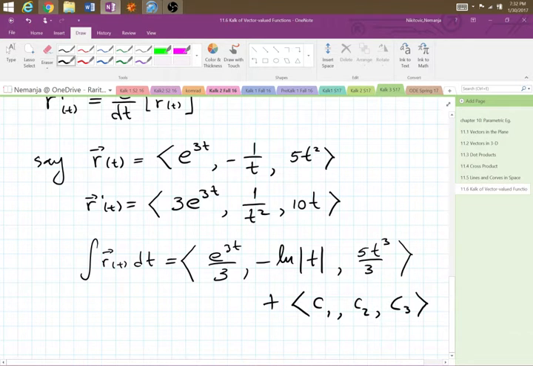You still lose 1 point, right? Depreciation in value. So this is an indefinite integral. Indefinite integrals have the constants. Now we know that two vectors are added, x component to x component, y component to y component. So C1 corresponds to the first one, and so on. That should be clear.